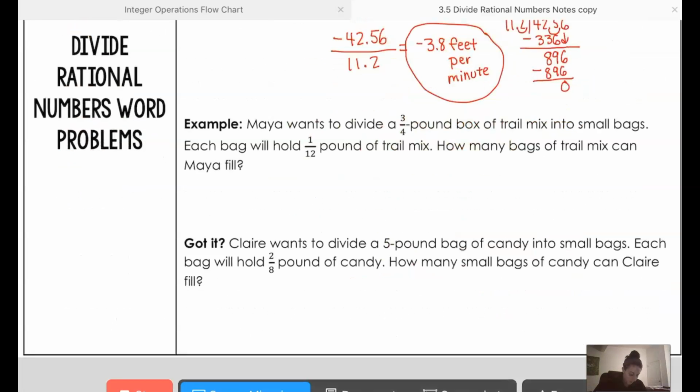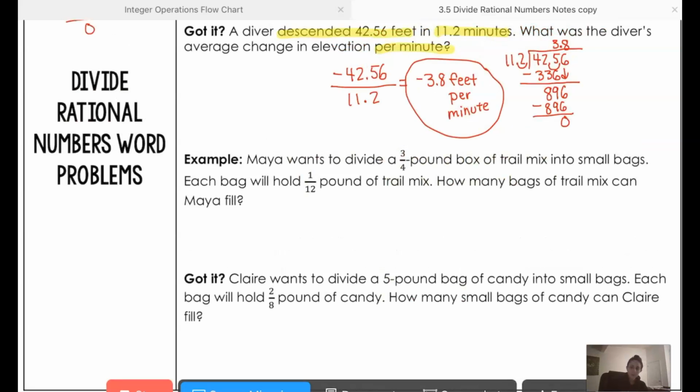All right, last word problem for an example, and then you'll try, and then you're good to go. It says Maya wants to divide a 3/4 pound box of trail mix into small bags. Each bag will hold 1/12 a pound of trail mix. How many bags of trail mix can Maya fill?